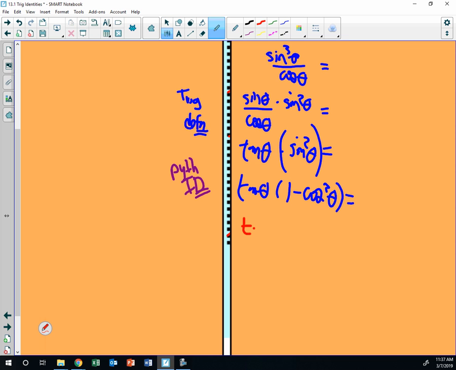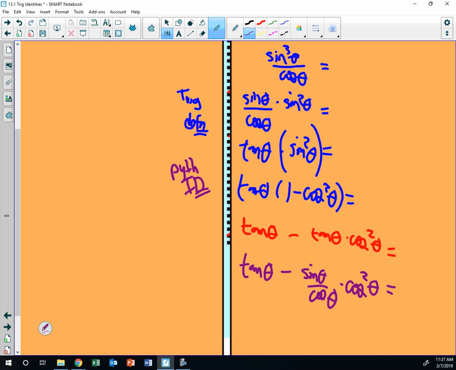So we'll have tangent theta times 1 minus tangent theta times cosine squared theta. Tangent theta minus sine over cosine theta times cosine squared theta. That's a trig definition.